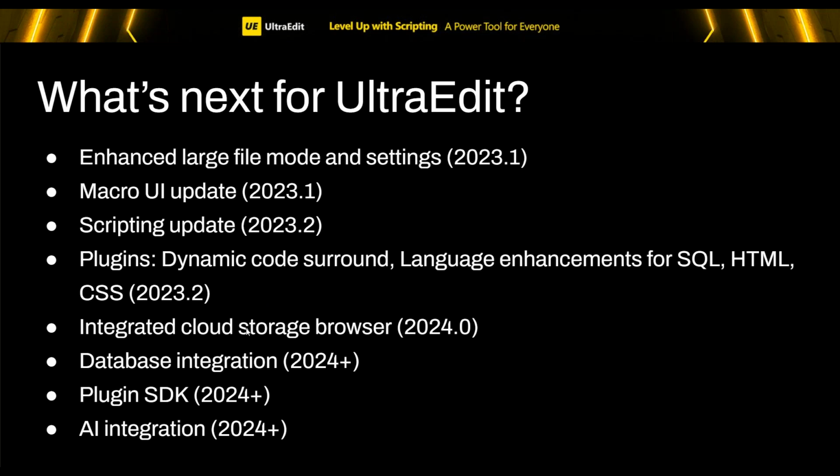So what we're going to be doing is providing something similar to our FTP browser, but for cloud protocols, so that if you have 3 or 4 different cloud storage accounts in different protocols or providers, you'll be able to access that data all from within UltraEdit: upload files, download files, manage files.